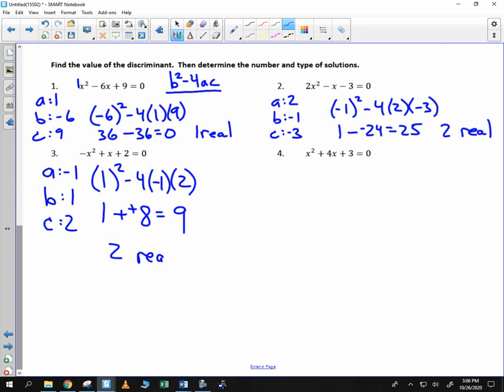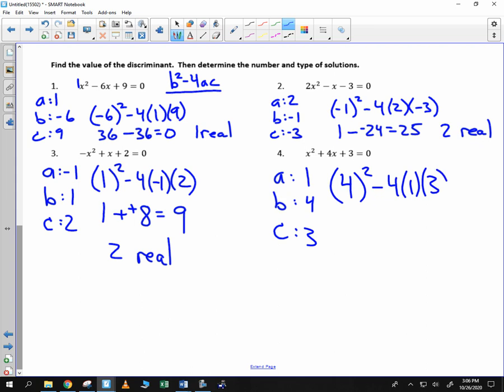So there's two real solutions. A is 1, b is 4, c is 3. B squared minus 4 times a times c. So 16 minus 12. And we get 4. So that means that there are 2 real.